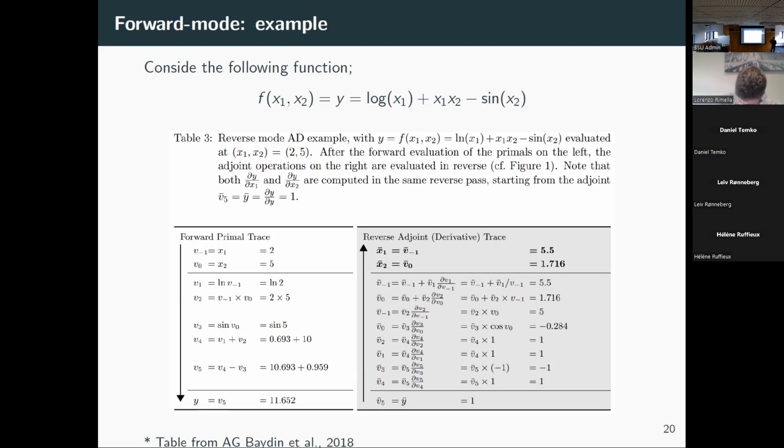I have another question, probably more stupid. Why do we care about the derivative with respect to y at the end? Think of y as the likelihood, and we want to do maximum likelihood using some sort of gradient mechanism. That's why we need the gradient of the likelihood with respect to its input.